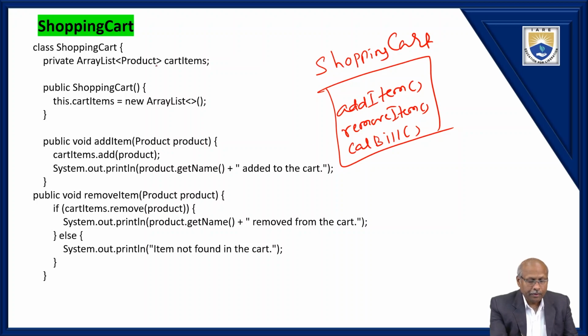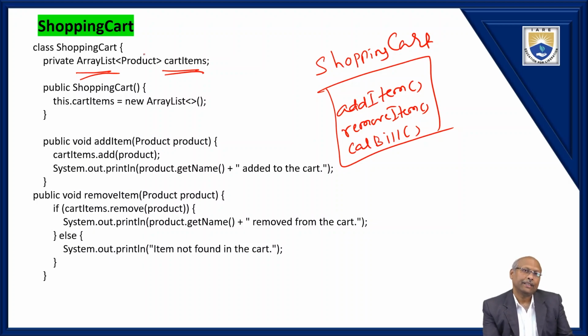So in my shopping cart, I will use the main item, that is ArrayList. So ArrayList is the important component, that means it is my container where I can store multiple products.